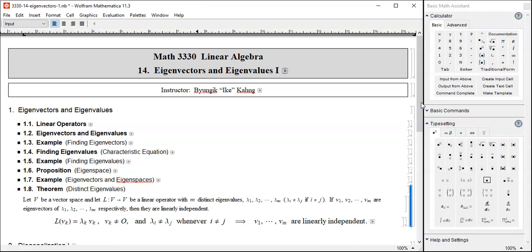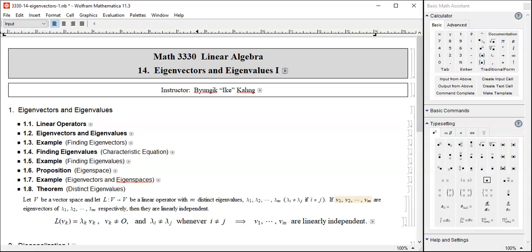If you have distinct eigenvalues, then let V be a vector space and let L be a linear operator, and we have m distinct eigenvalues, lambda 1, lambda 2, lambda 3, all the way over to lambda m, and V1, V2, V3, all the way over to Vm are eigenvectors of lambda 1, lambda 2, all the way over to lambda m. Then they are linearly independent. So eigenvectors of distinct eigenvalues are linearly independent.